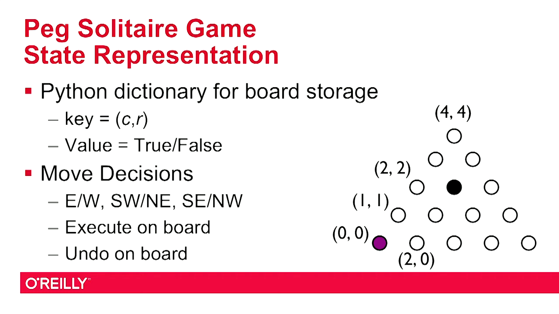For example, if I wanted to jump from the 0, 0 hole over a peg that was in 2, 0, ultimately landing in the hole 4, 0, that's a particular move which you can designate simply as the delta on the C column is +4, and the delta on the row R is 0.